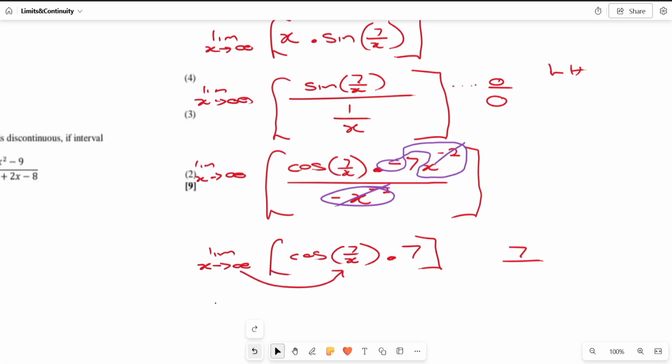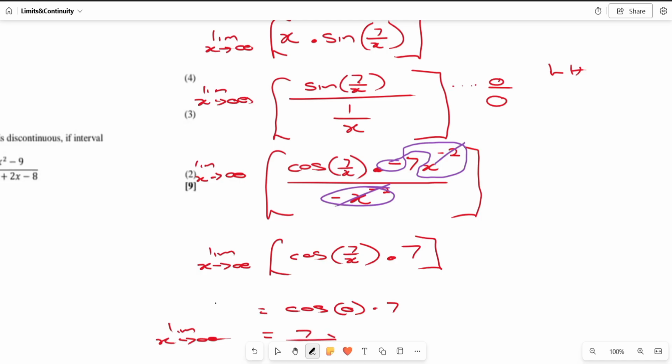So it is equal to cos 0 times 7. Cos 0, guys, you should know that it is equal to 1. Therefore, the limit as x approaches infinity would be equal to 7. The answer for this question would be 7.